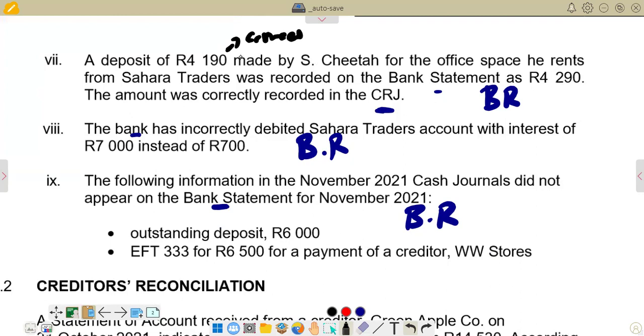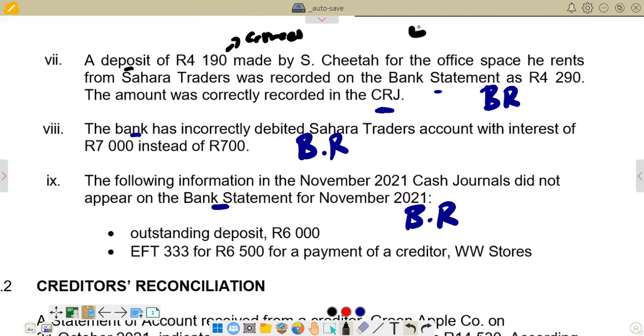Remember, this is a deposit, so it's supposed to go to the credit side of the bank statement. Whenever money is getting into a bank account, it's credited on the bank statement. But when it's going out of the bank account, it's debited on the bank statement. In this case, it's a deposit, money getting into the account. So we are supposed to credit it with 4,190, but it was credited with 4,290, the bigger figure. So you have to cancel the difference so that you go back to 4,190. By canceling, we go to the debit side.